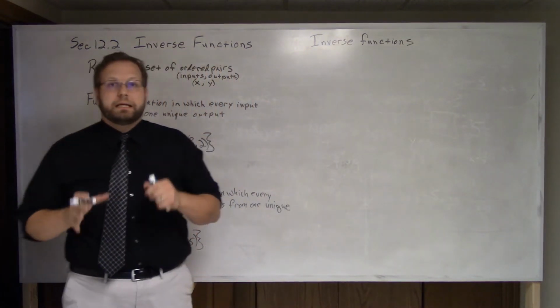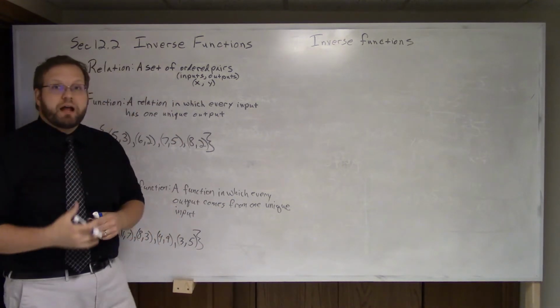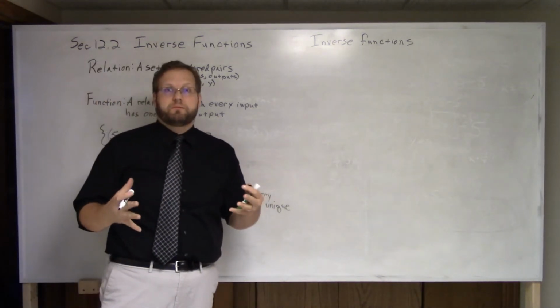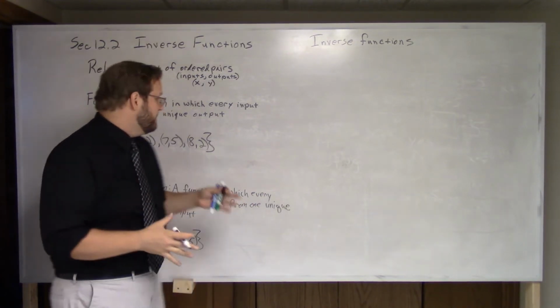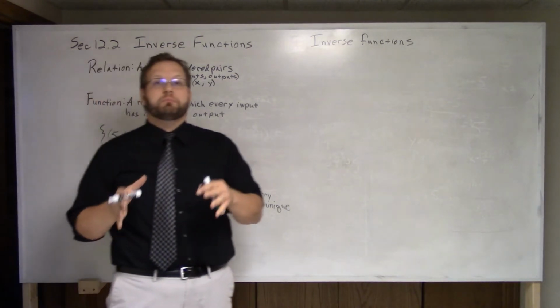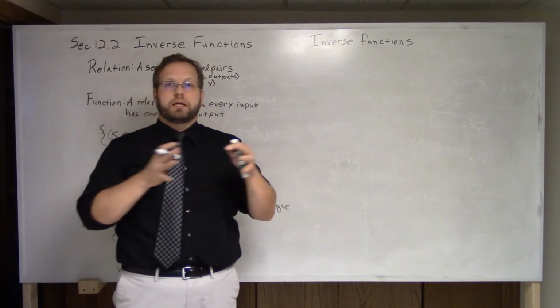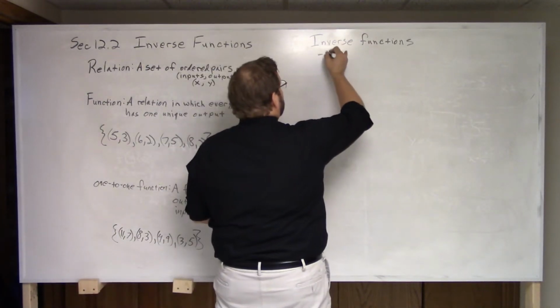Inverse functions could be lists of ordered pairs, could be graphs, could be equation type functions. Any way you look at it, any type of function you are encountering, to find the inverse, you simply switch the input and the output. Nothing more than that.